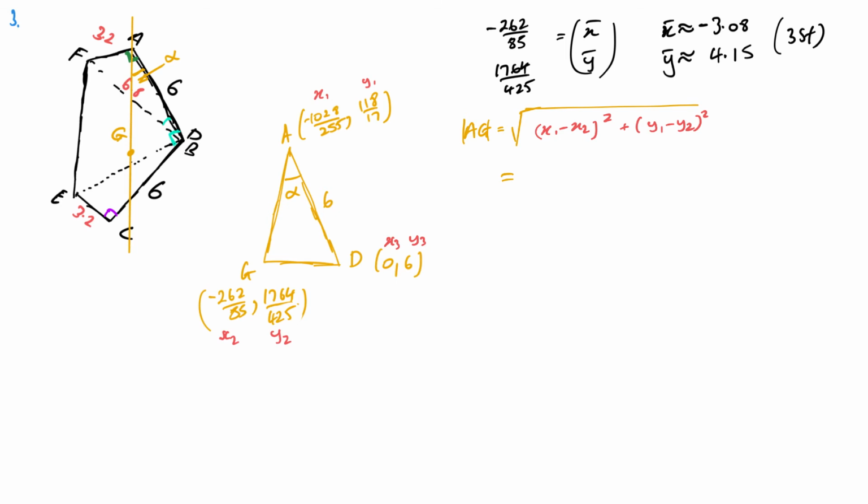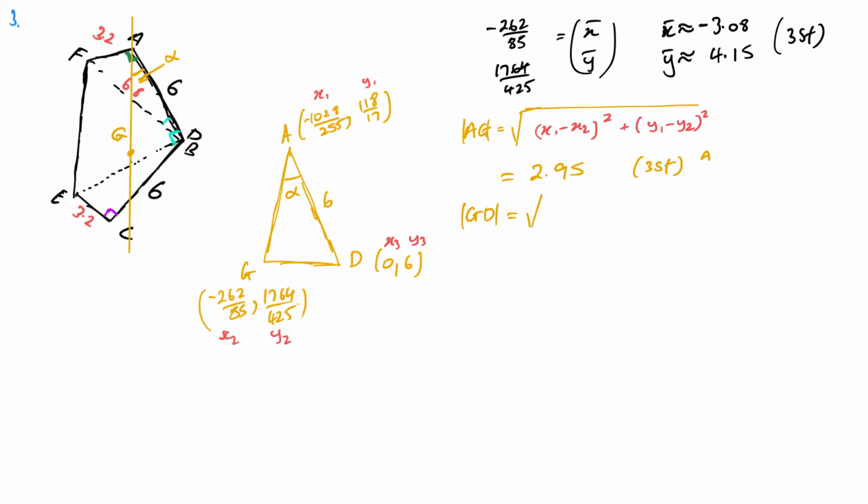And this first one's going to give me 2.95 to 3 significant figures. I'm just going to store that in my calculator as A. I'm just popping that there as a reminder. And then GD, again, we're going to do this very much the same way.